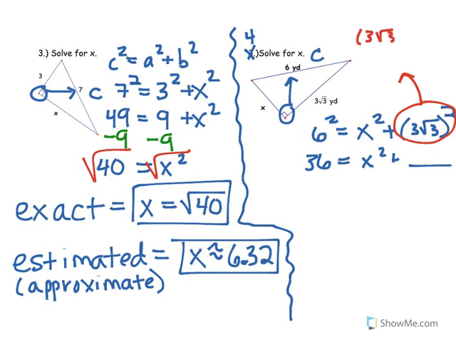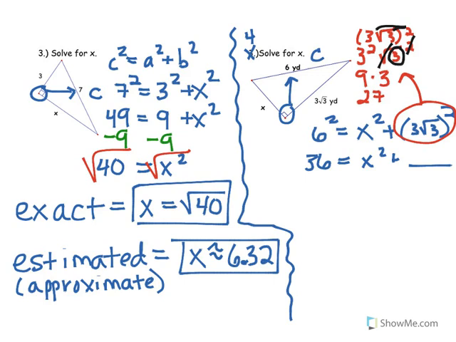So 3 root 3 squared, if we remember, the square distributes to both, and I'm left with 3 squared and root 3 squared. Now 3 squared is 9. And what happens with a radical and a square? Those cancel, and I'm left with the number inside. So that's just 9 times 3, and 9 times 3 is 27.